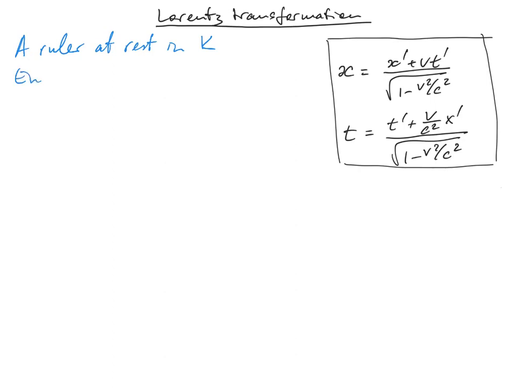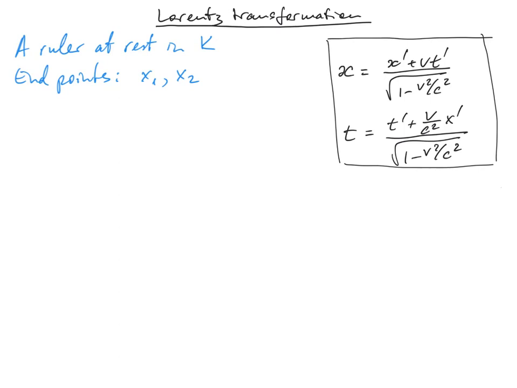So the endpoints of the ruler are at x1 and x2. Now, from the point of view of the observer in k prime, the ruler is moving. So the question is, what will be the length of the ruler observed from reference frame k prime? Or in other words, what's the length of the moving ruler?